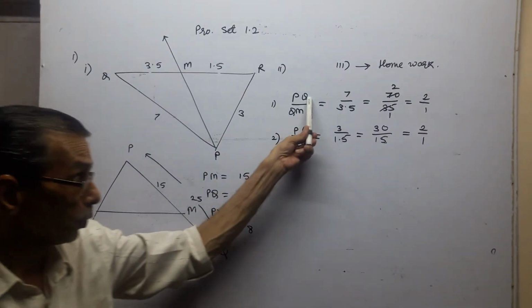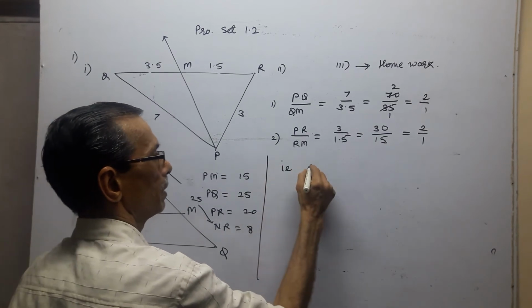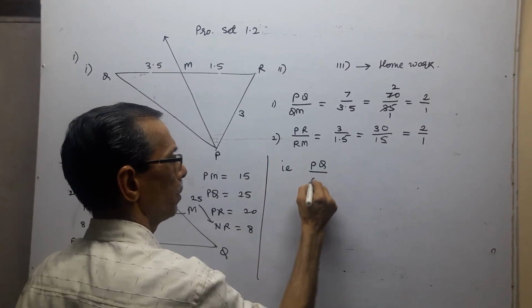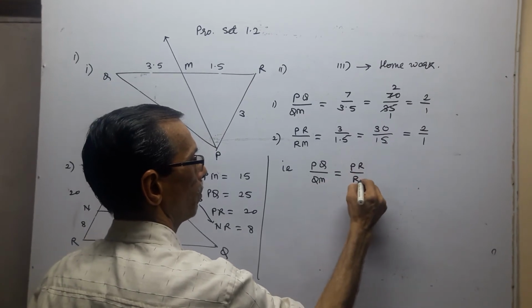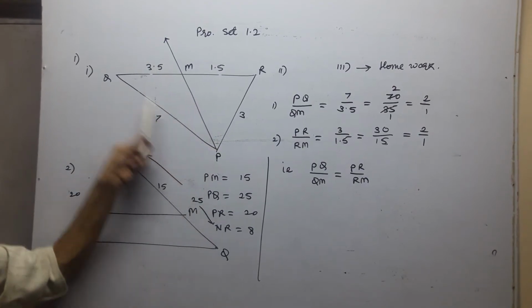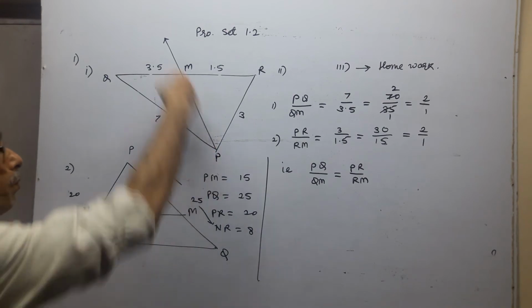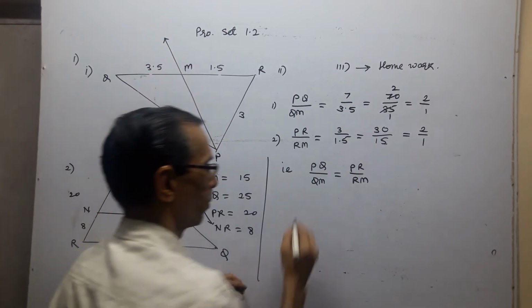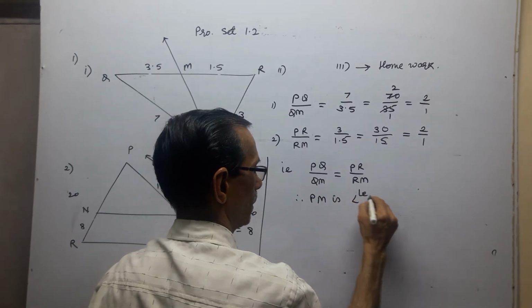So you find that both the ratios are equal. That is, PQ upon QM is equal to PR upon RN, and therefore PM is the angle bisector.